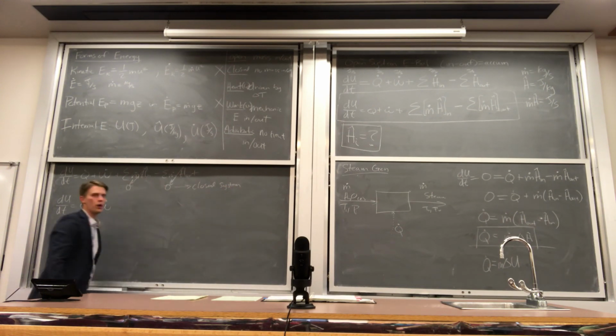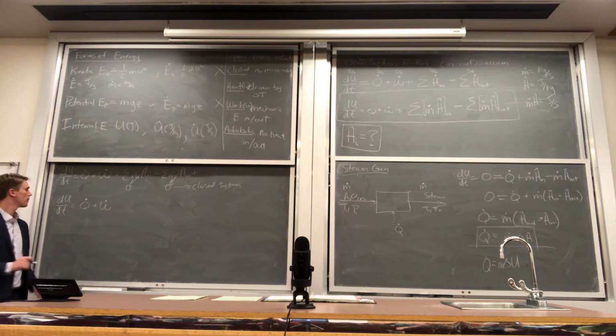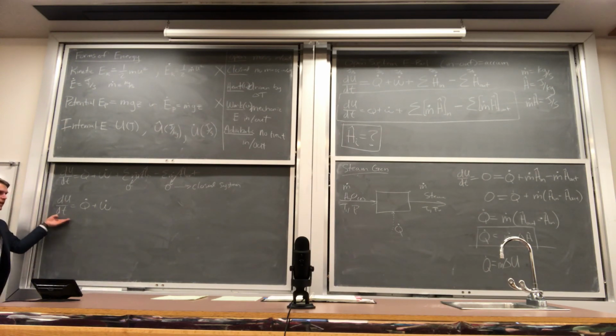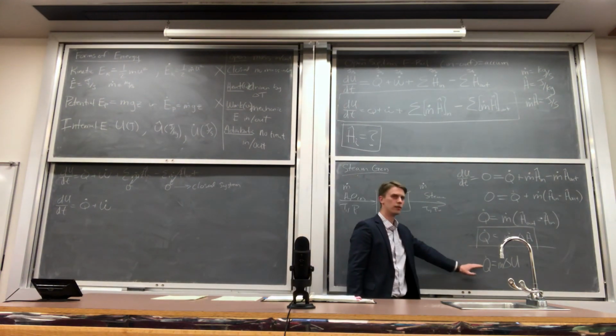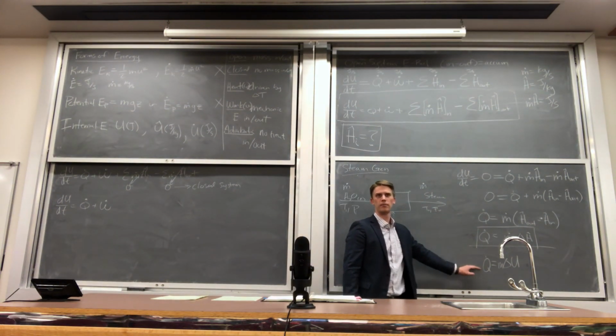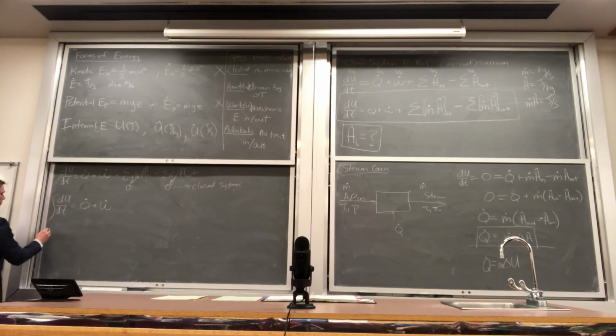In a closed system, no mass can enter or leave the system, so your mass flow rate has to be 0. Now, how do we get this equation to look like this equation here? We integrate it.